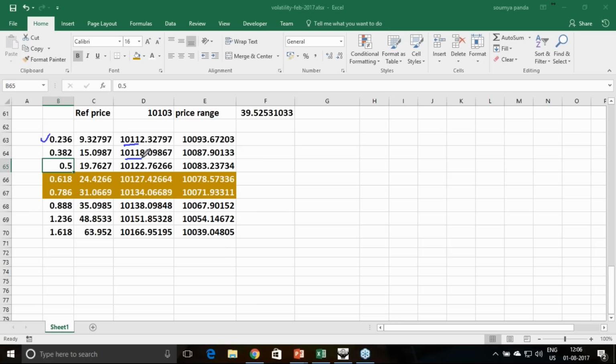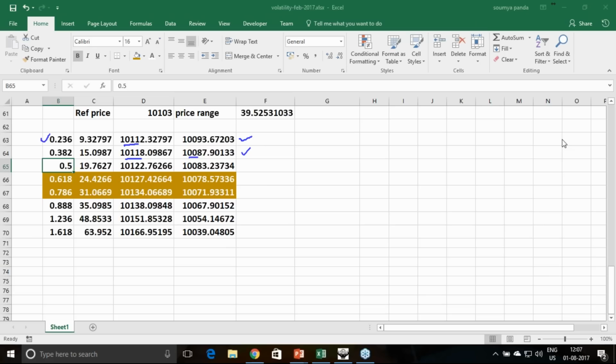Once it is covering 10,118, I'll say that it confirmed the trend. Same way, if it is falling below 10,094, I can say it is entering the downtrend, and if it has fallen below 10,088, then it confirms the downtrend. So this is the trend part of my Fibonacci.